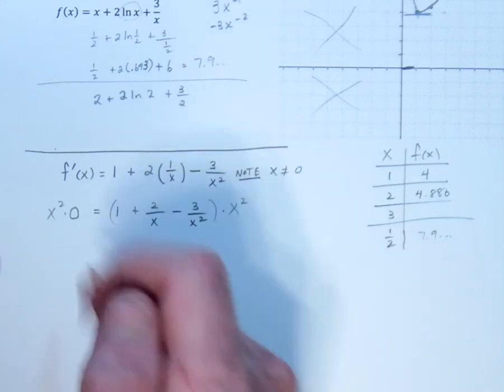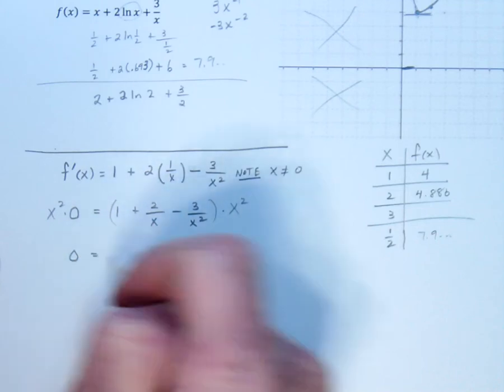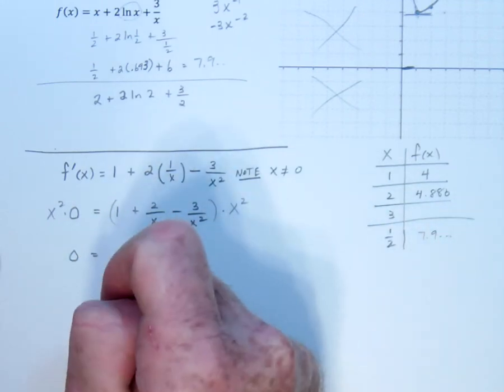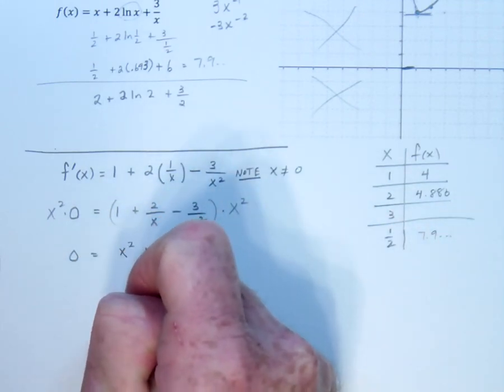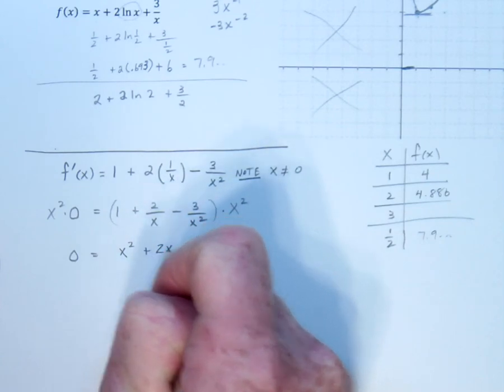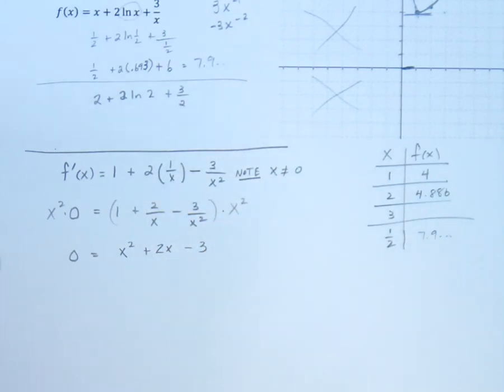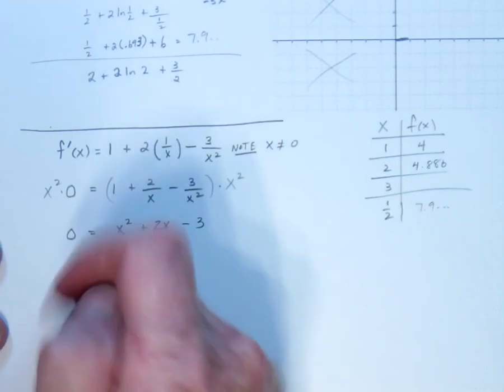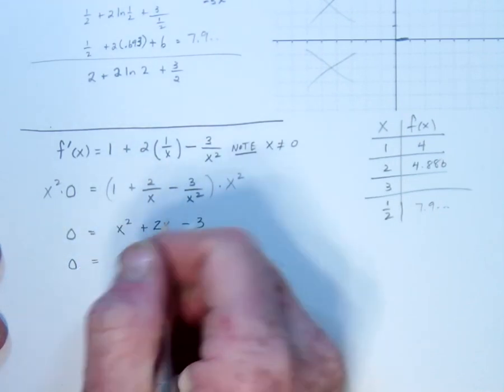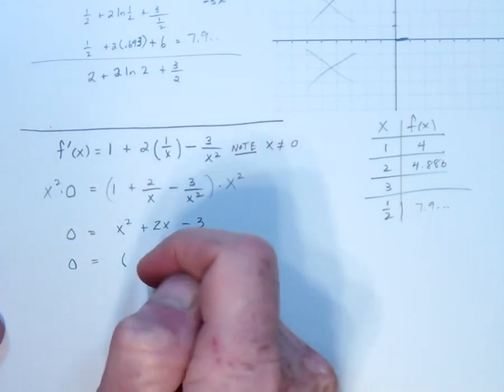Over here, this, of course, will be 0 times x squared. When you distribute, this is going to be x squared plus 2x minus 3. And then, thankfully, the teacher made this up so that it's easy enough that you can factor.